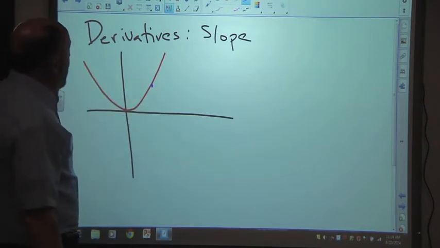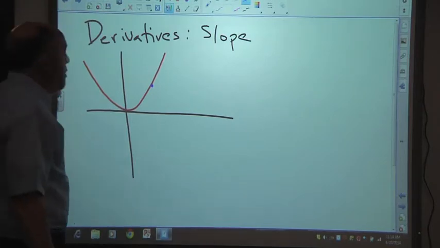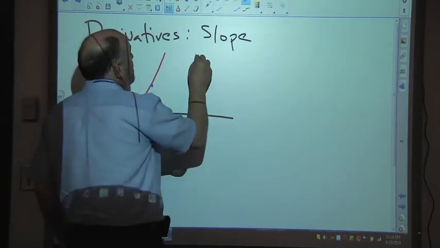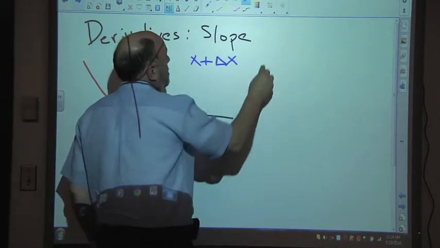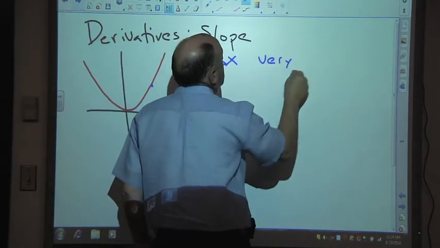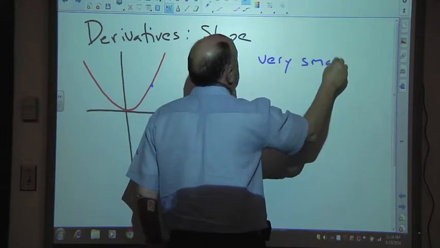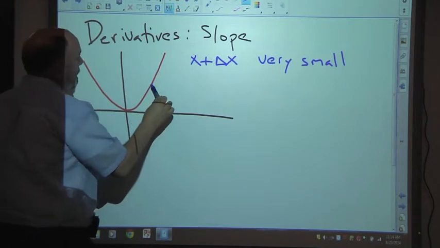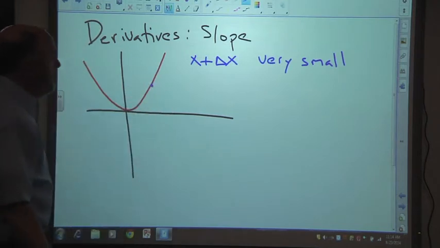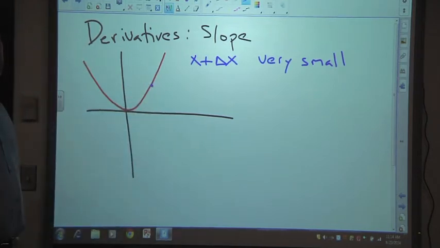So in order to get a good approximation of the slope, I want x plus delta x to be very small. If I want to know what the slope is at this particular point, I want to get 2 points that are really right on top of each other.